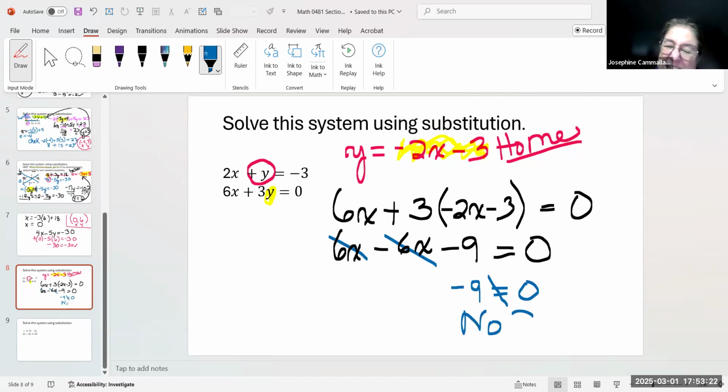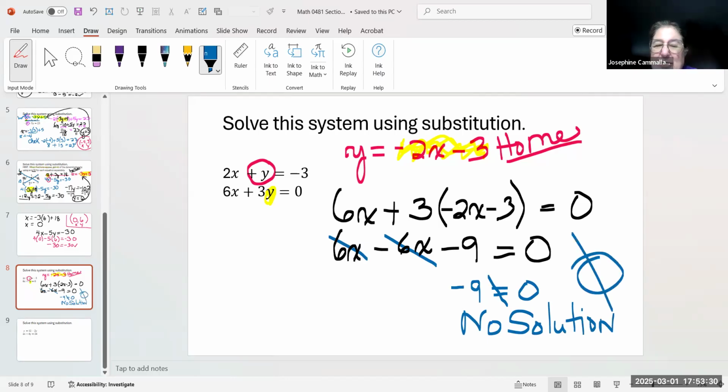This is considered a no solution, or the circle with the line under it. If you end up with a number, negative 9, equal to another number that's totally different, there's no answer to the solution. It's a no solution. Okay.